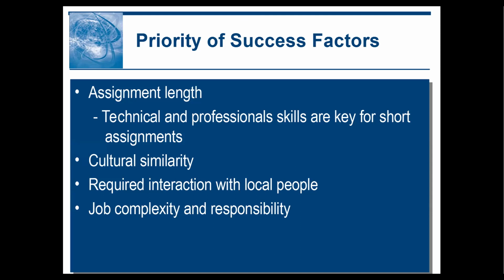Is that culture very similar to ours, or are there big differences between our culture and that culture? Also, not all positions of that subsidiary need very close relationships with the local people. For example, if you work as a quality controller or quality manager, sometimes you don't need to develop relationships with the local people like an HR manager or the chief executive officer would.